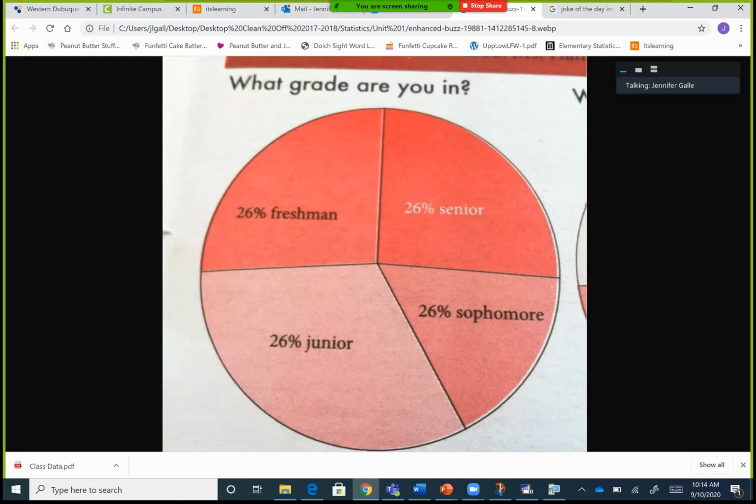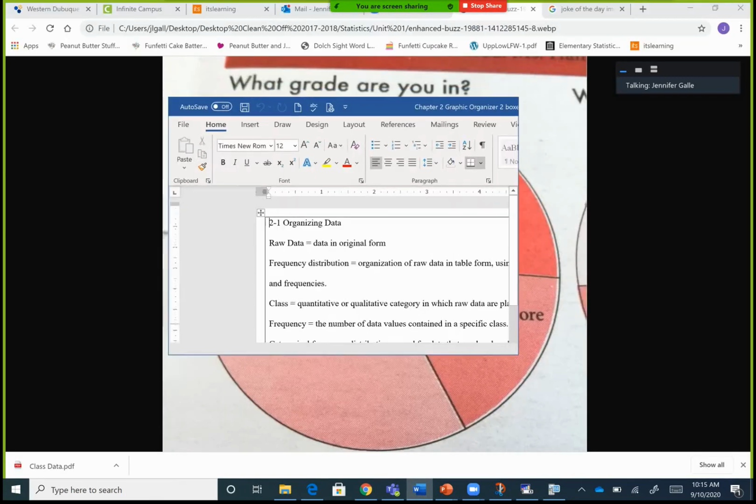So I want to kind of start with this. So when you make your own graphical representation, look at it and think, hey, is there anything that really stands out that doesn't look quite right? Okay, so it kind of excites me you guys are picking out some of those key things from our pie graph. Yay!